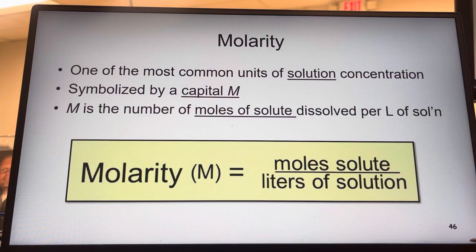So what is molarity? Okay. Sounds like 2 of the 3 Stooges, Moe, Larry, and Curly. So molarity is the most common unit of solution concentration. If you were to go into the chemistry stockroom, which is behind Mrs. Tate's classroom near the chorus room, in that separate building, that's where the chemistry storage room is, and you looked at any of the bottles, like bottles of acids or bases or other solutions of chemicals stored there, it would say what the molarity is.